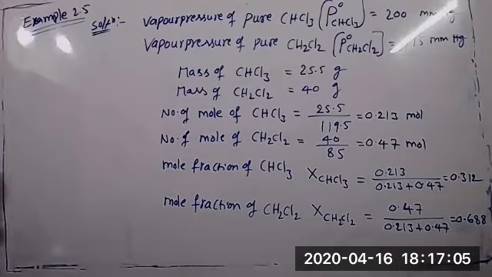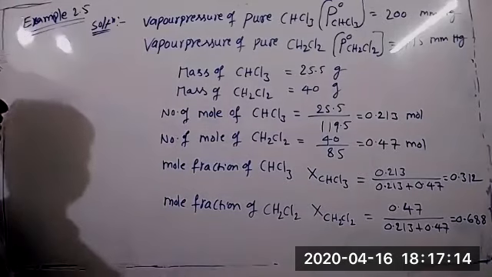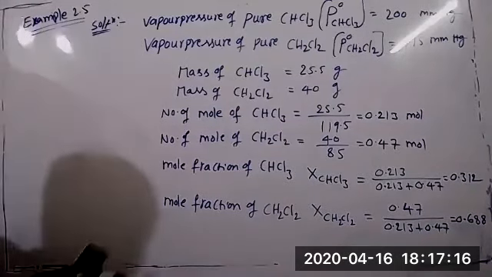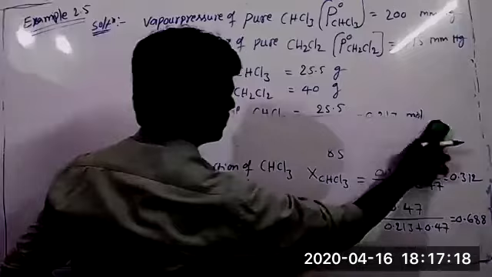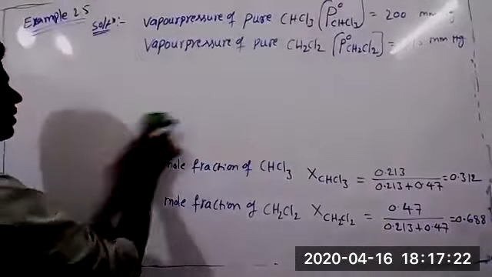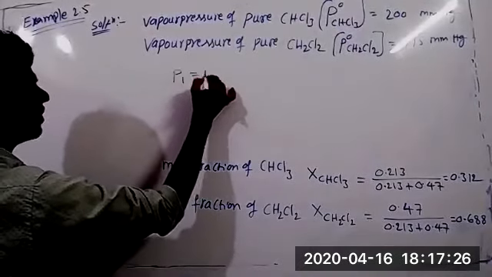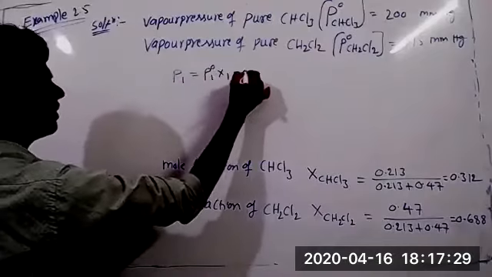Completed, sir. Okay. Then calculation of total pressure of solution. Before that, according to Raoult's law, P1 is equal to P1 power 0 into x1.